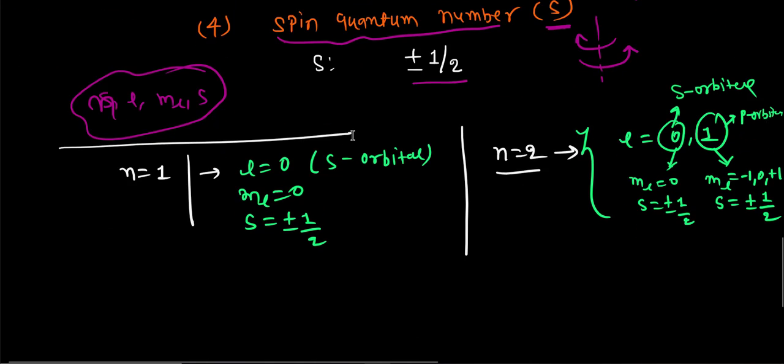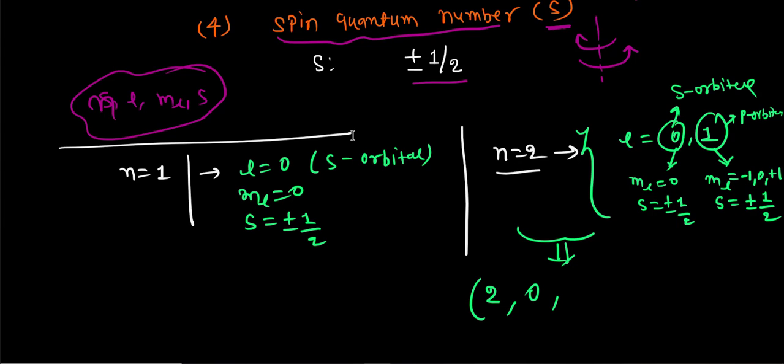Okay, so now what I want to tell you: if you take any particular set, let's say n is equal to 2, how many sets are possible? For n is equal to 2, L can be 0, and then for L is equal to 0, m sub L can be 0, and S can be plus half. So another set can be 2, 0, 0, minus half.